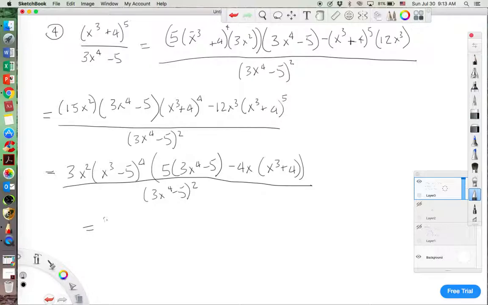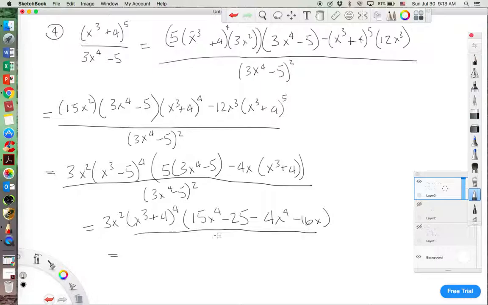Again, just continue with the algebra. 3x squared times x cubed plus 4 raised to the power of 4 times, multiply this out, we get 15x to the 4th minus 25 minus 4x to the 4th minus 16x. And finally, all of that is over, let's call it g of x squared.